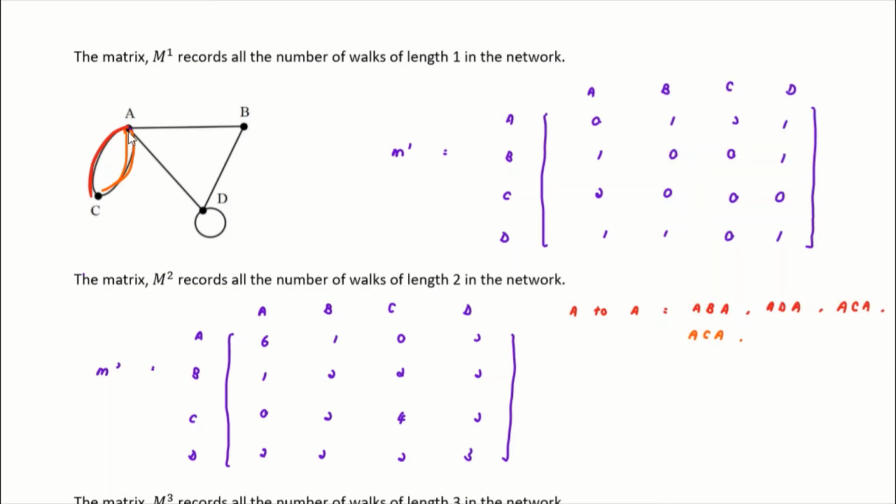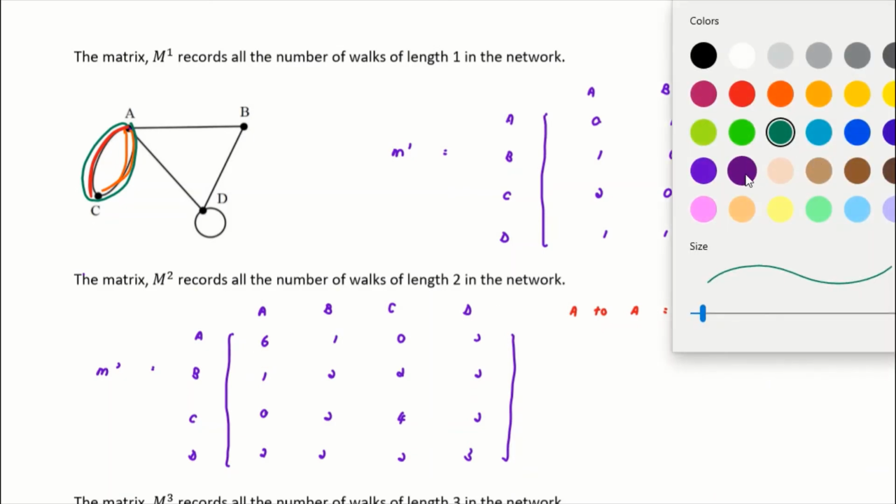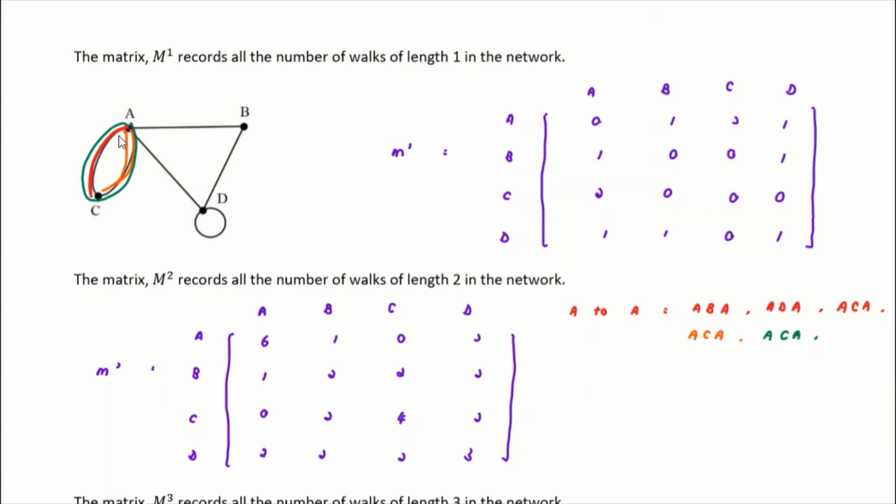If I use this one, you can see A, C, then go back to A. This is a different road, so ACA. According to this, I have 6, so that means there's one more. I hope you already know what the last one is, which basically goes the other way. A, C, then go back to A. So that's ACA. This is how it gives you 6 walks of length 2.